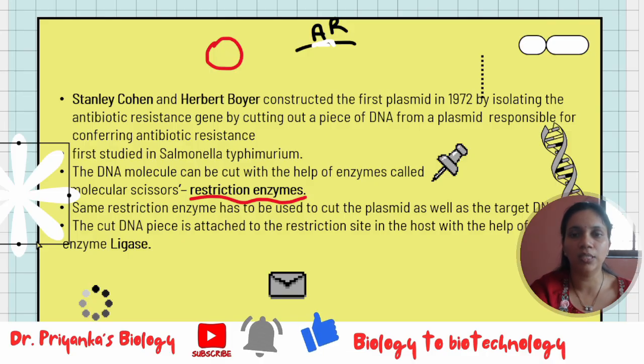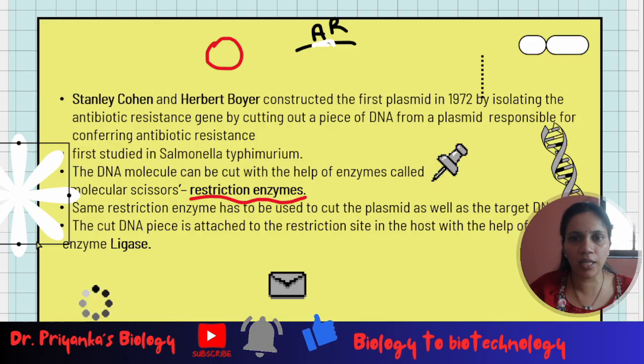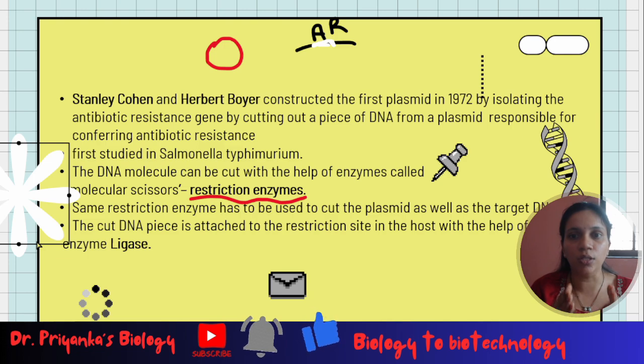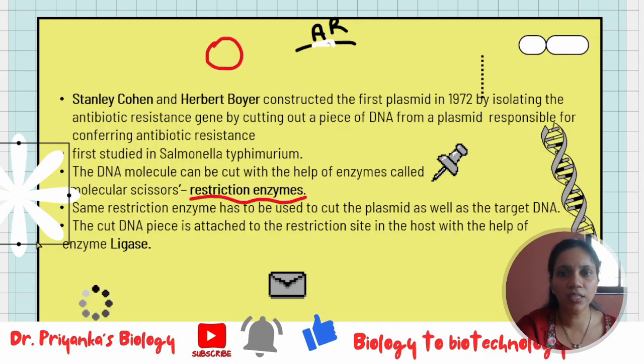Point number two is that they have a specific area. If I have a big piece of DNA, it is not necessary for a specific restriction enzyme to cut each and every part of that DNA. It depends on the sequence present on that DNA. It has to recognize a particular sequence, and only then is it going to produce a cut. That is the specificity of your restriction enzyme.